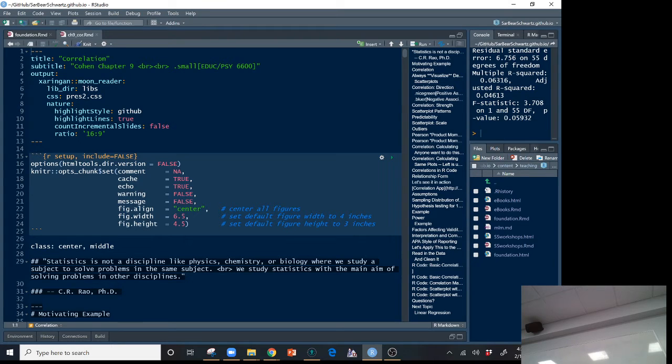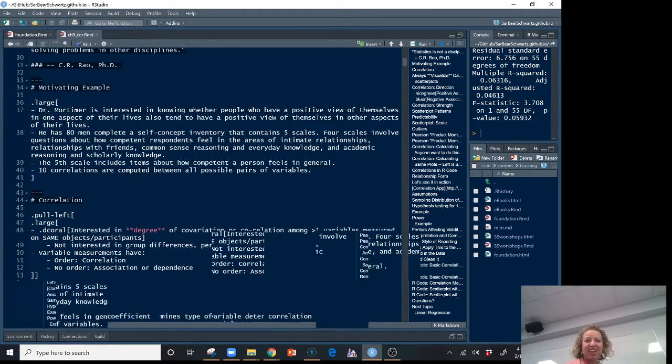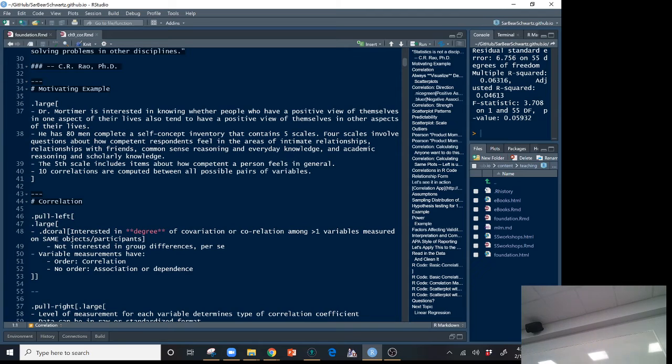And double pound makes it like a bigger section heading. And to do a new slide, you do 3 dashes. That does a new slide. How easy is that? So every time you want a new slide, you do 3 dashes. And we've done a lot of fancy stuff here. So we wanted like text on the left and text on the right, 2 columns. So you do pull left and pull right. But I mean, it's just like you just write your R code.